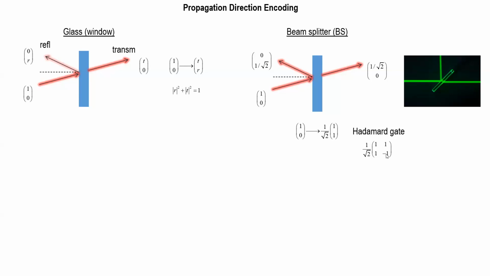Equivalently, this beam splitter can be represented in matrix form by the Hadamard matrix. And this is how it looks in reality. Basically it's just a piece of glass with some coating on the surface that allows it to reflect just 50% of the light.